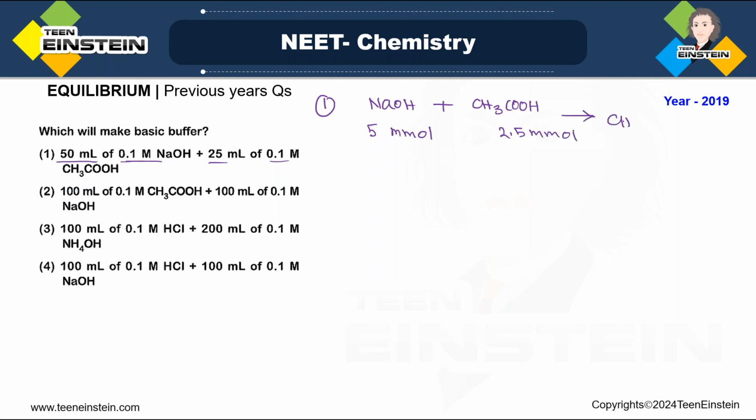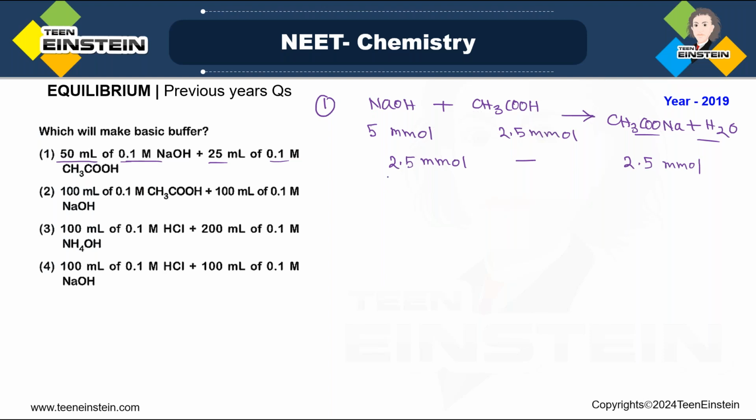What salt will you get? You will get sodium acetate and water. So initially these two are not present, but finally this will remain, because this is not the limiting reagent. It will be completely consumed, and this is also 2.5 millimole, right? Now in the medium, finally what is left? There is some excess NaOH left, the reactant.